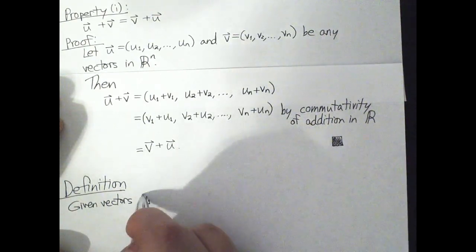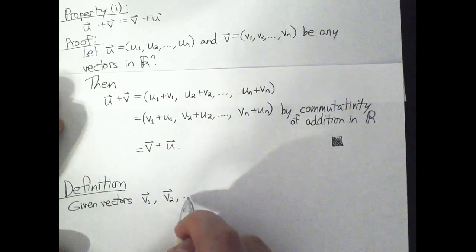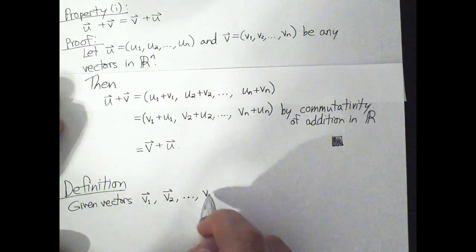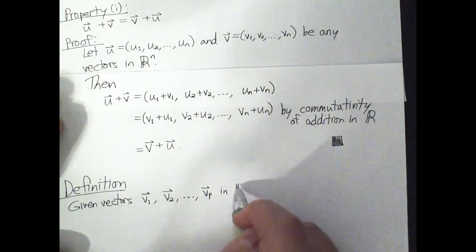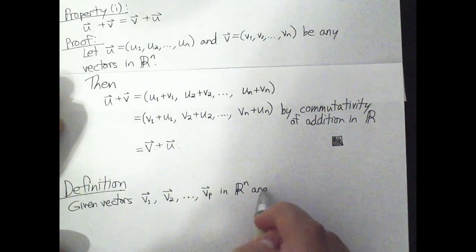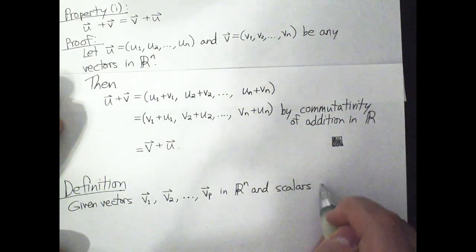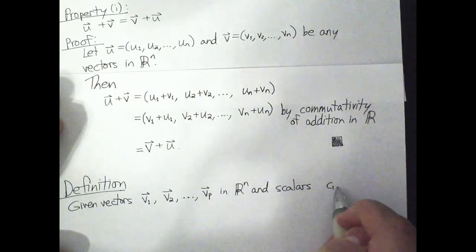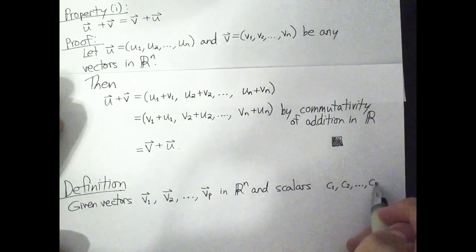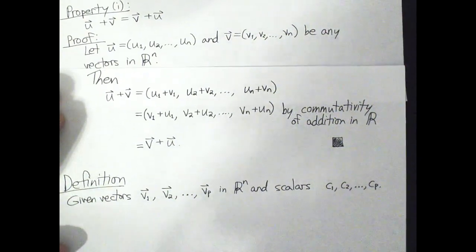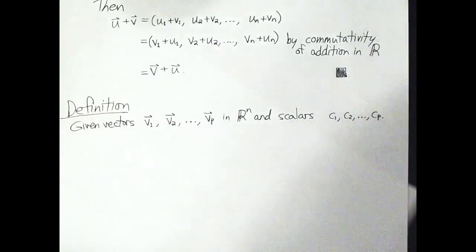I'm going to say we have v1, v2, up to vp in Rn. And we need a bunch of scalars for this definition, so we're going to say c1, c2, up to cp. We could say that that's in R, but we don't have to necessarily say that. We said scalars, that's good enough.